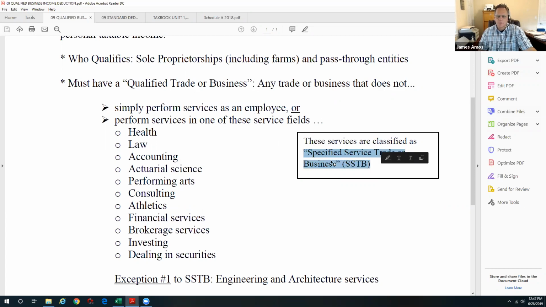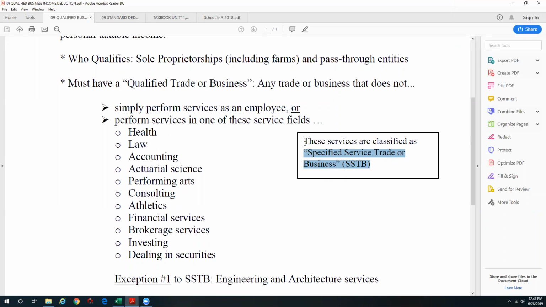So this is the terminology I'm pointing out here. Another way to put it is, a qualified trade or business is any trade or business that is not an employee or a specified service trade or business.